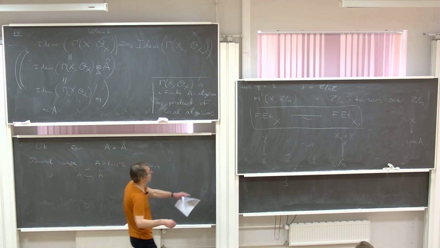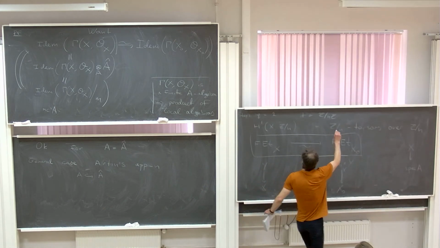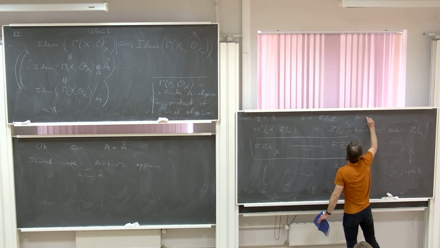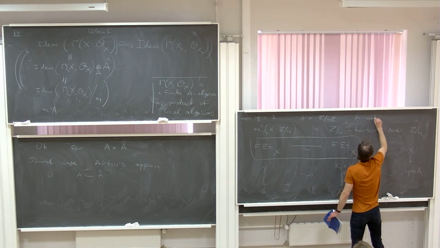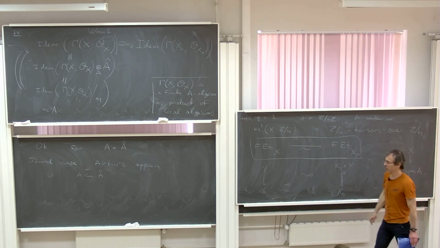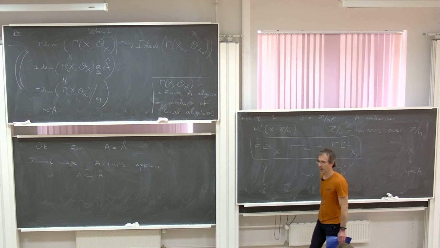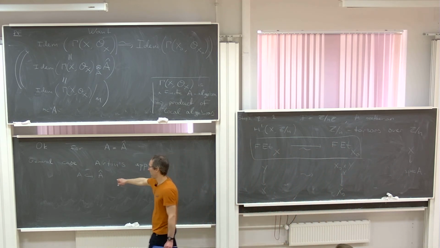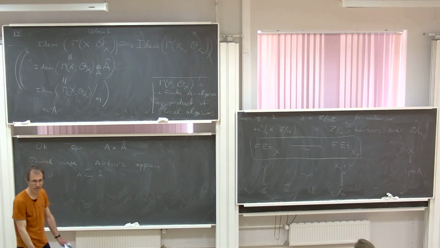Maybe I also assume that A is Noetherian for safety, because otherwise I may not have this embedding. That's the Krull theorem that I have an embedding. So, okay.